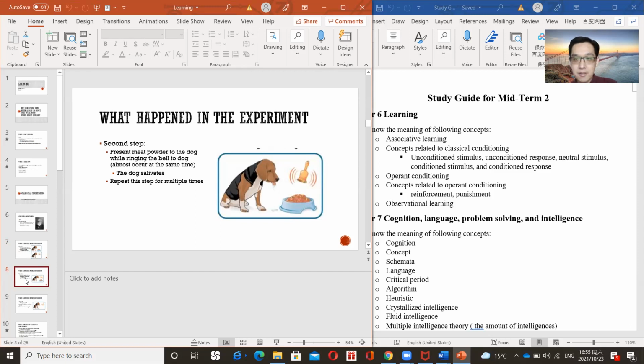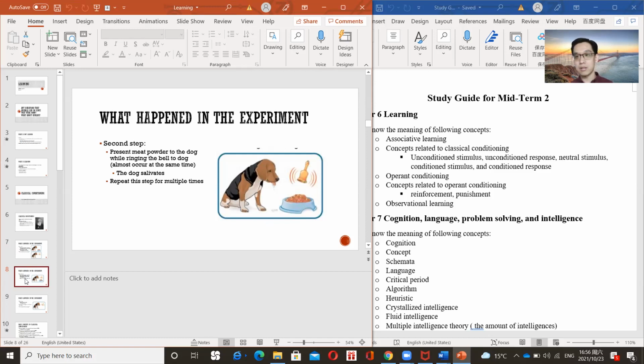So in this case, salivation is the response, but it's a conditioned response. And the ringing of the bell becomes the conditioned stimulus. It used to be a neutral stimulus, but after the process of conditioning, the dog learns that the ringing of the bell has some kind of special meaning.